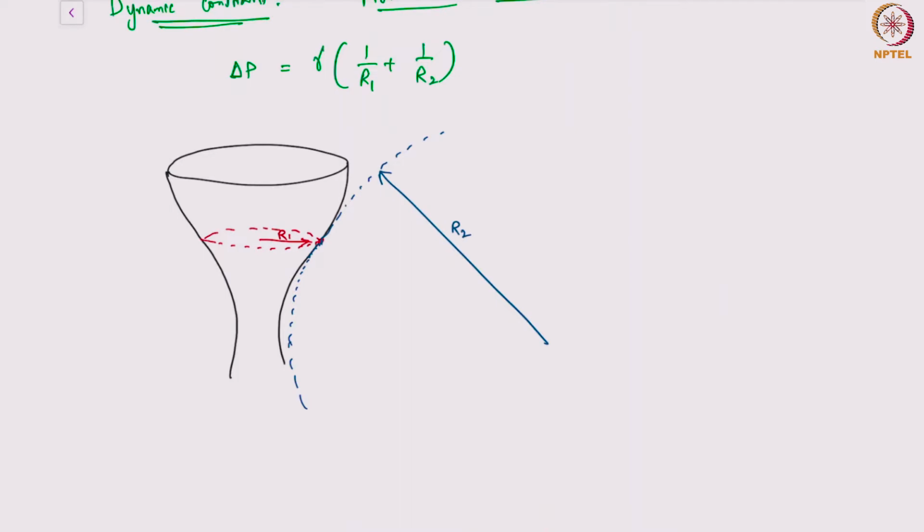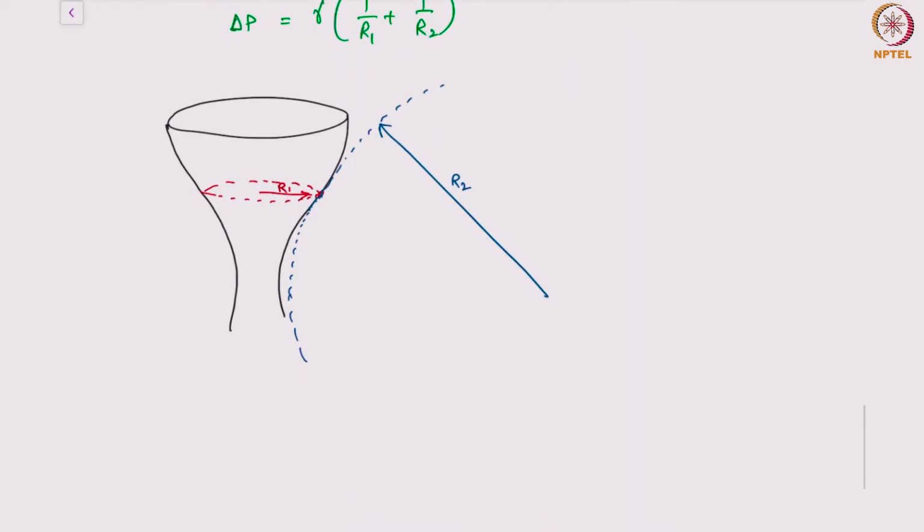So here ΔP is gamma times (1/R1 plus 1/R2). And I also know one more thing, that since R1 and R2 are on different sides of the interface, 1/R1 and 1/R2 have opposite signs. We'll also confirm this mathematically. The interface for a shape like this will have the two curvatures on opposite sides.